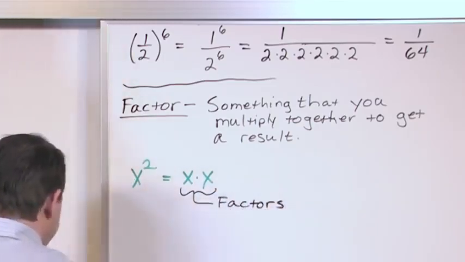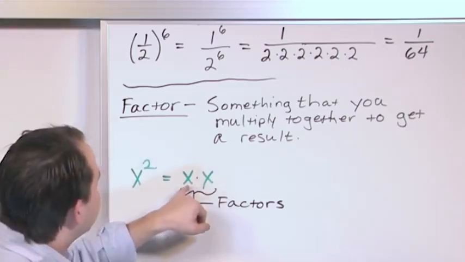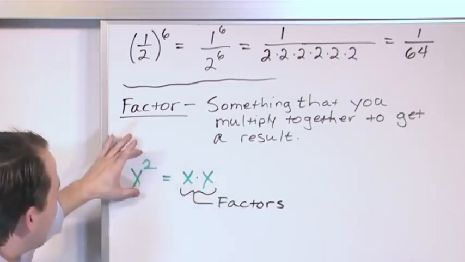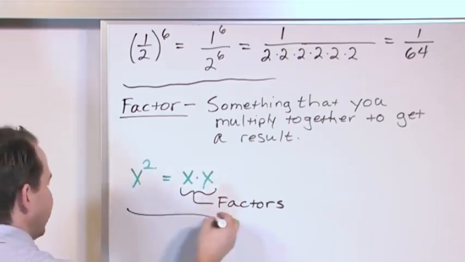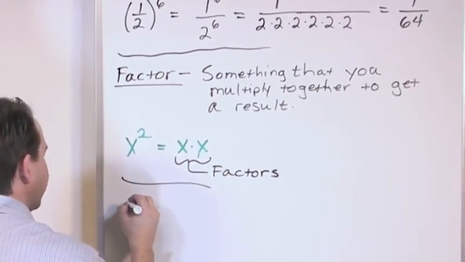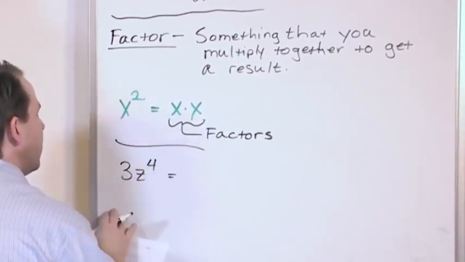This is really just a definition. To be honest with you, you're going to use factors a lot in algebra, but this is more of just getting the definition drilled into you. They're factors because these are the things we multiply together to get what we started with. Let me give you another couple of examples and I think you'll see. If I have 3z to the 4th power, how do I write this?